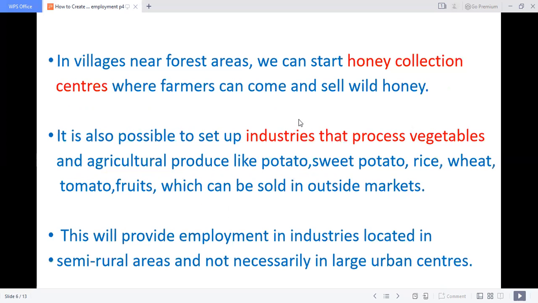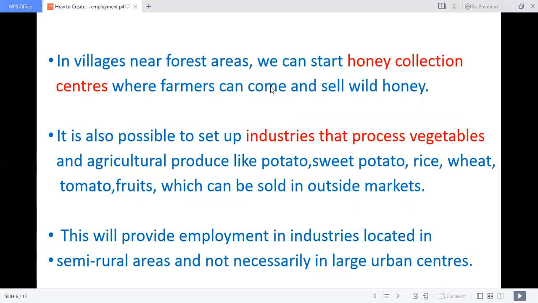Okay, and in villages near forest areas, honey collection centers can be set up. The government can start honey collection centers because in the forest areas, the tribals are collecting forest products. They are not ready to come down to the mainstream of society, into the cities and towns, or to sell it there.